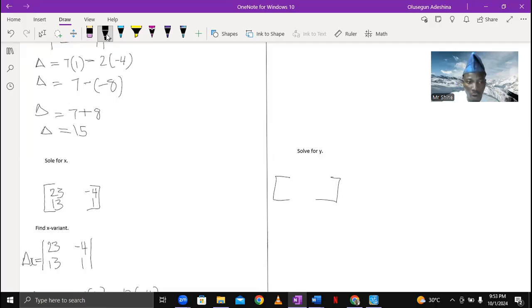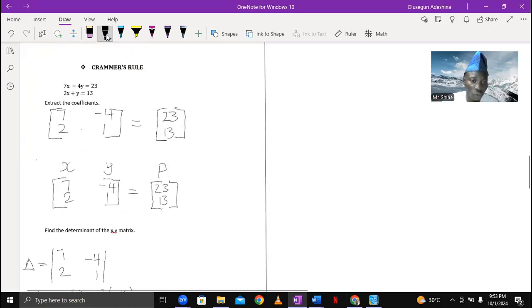And now let's quickly go back up because we're dealing with y. We're not replacing x. We are replacing y, but retaining x. That's 7, 2. Then in the y column, we remove the elements and replace them by 23 and 13. So we're going to have 7, 2, 23, and 13.